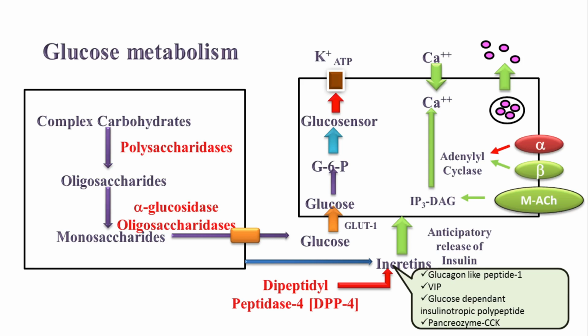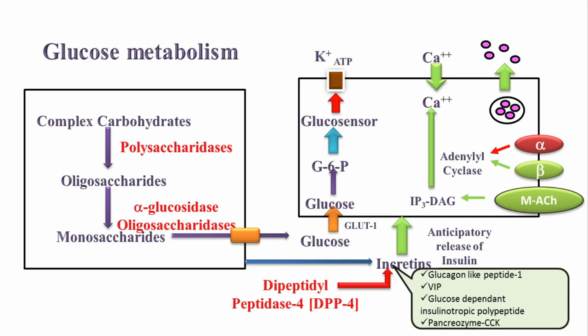Complex carbohydrates are eaten, and they are broken down by polysaccharidases, oligosaccharidases and alpha glucosidases into oligosaccharides and monosaccharides respectively. When this process is happening, the intestine releases certain hormones called incretins. These are local hormones. Incretins include GLP-1, VIP, glucose-dependent insulinotropic polypeptide, pancreozymin, CCK.